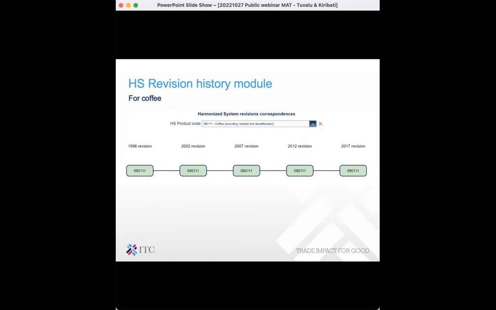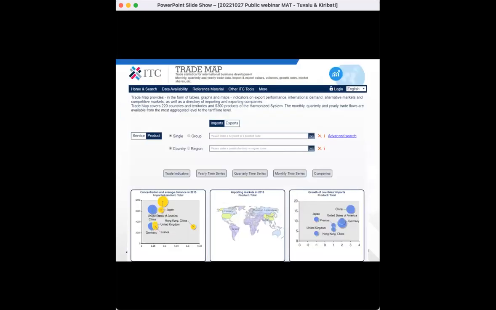I will show you in a bit. This is a screenshot of our trade map. I will show you in a bit where you can find this information. So I want to go over some theoretic concepts, but I think it would be better if we go live while we go through the tool, so we understand where we can find it immediately, because 90 minutes is not a lot of time and there is a lot of information that I want to share with you.